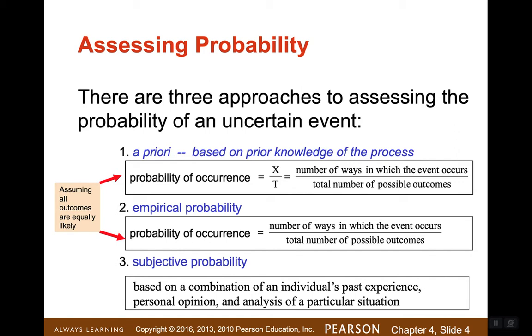Empirical probabilities, we calculate really the same way, but we structure it a little bit differently. We'll look at an example of an empirical calculation of a probability. Subjective probability, which is the third type, is based on a combination of an individual's past experiences, personal opinion, and analysis of a particular situation.